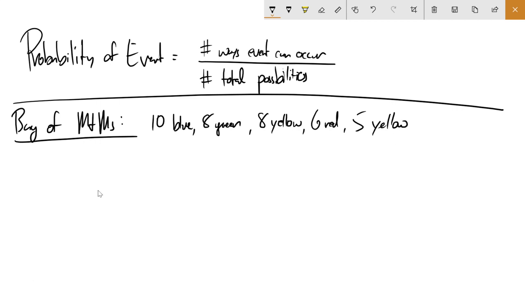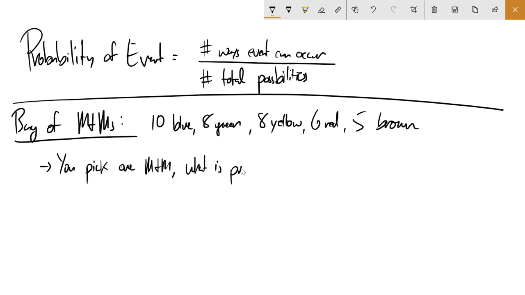Brown's the other one, huh? Okay. So then let's say you go in and you pick 1 M&M, what's the probability that you get, say, green?